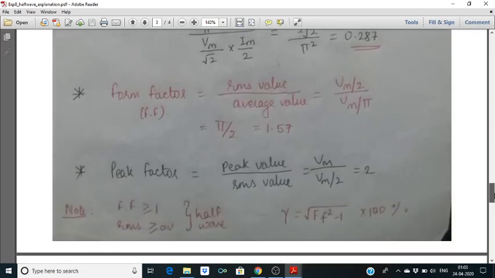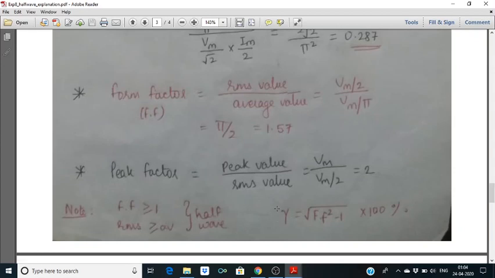Now form factor is the ratio of RMS value to average value, and it comes to 1.57. Similarly peak factor is the ratio of peak value to RMS value, and it is around 2 for half wave rectifier. Now we can observe that form factor is greater than or equal to 1 for half wave rectifier, and RMS value is greater than average value.